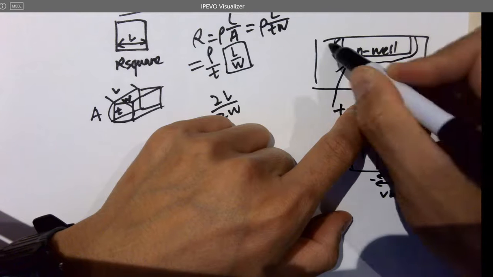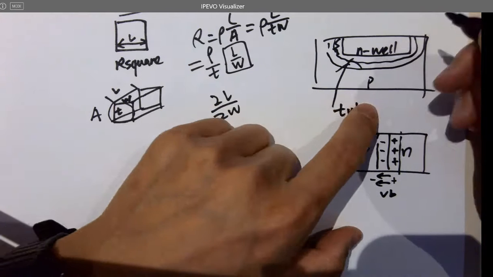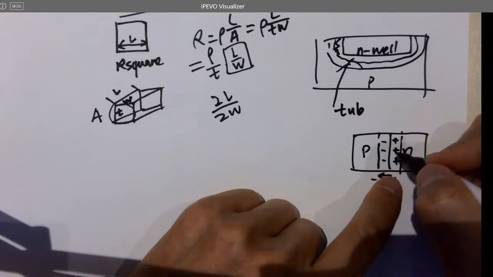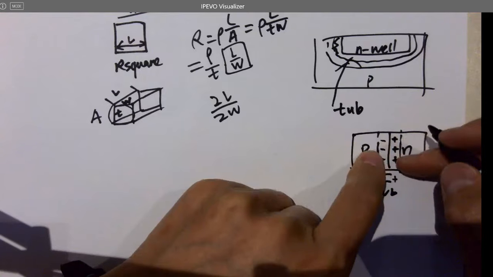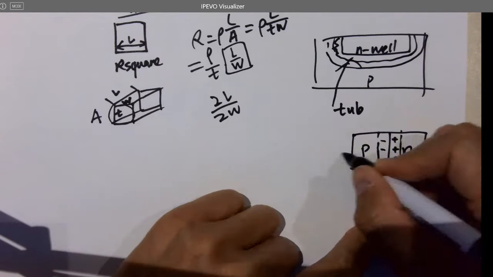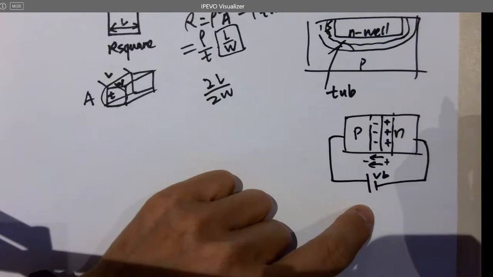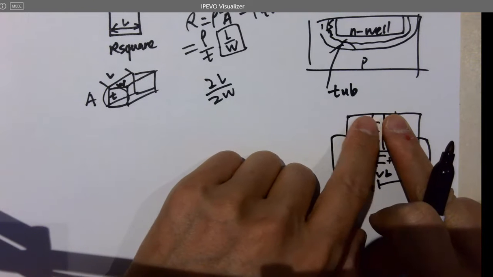There will be a depletion region in between these two materials. And since we have talked about the property of the capacitance in the depletion region, whenever you forward bias a diode, is the depletion region getting wider or narrower?